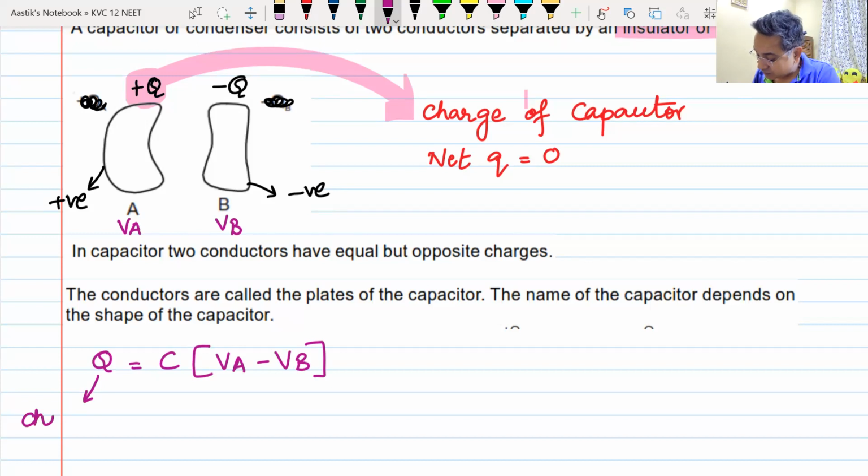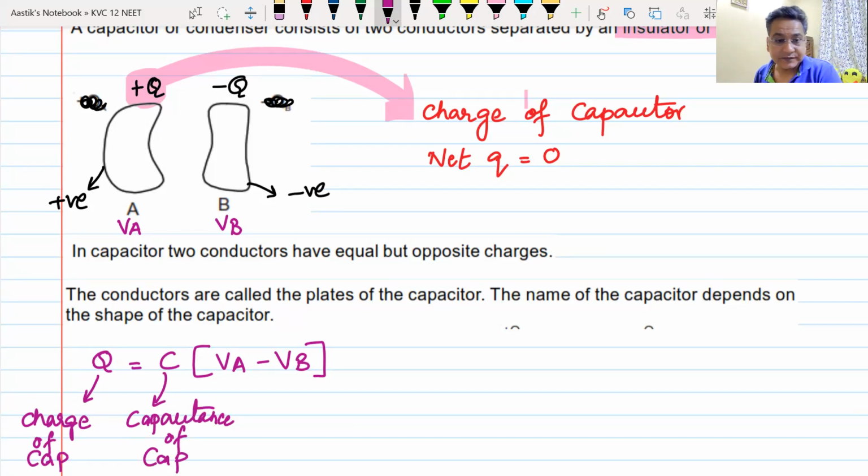This charge Q is known as the charge of the capacitor. This C is the constant known as the capacitance of the capacitor, and this V, the potential difference between the two plates, is known as the potential of the capacitor.